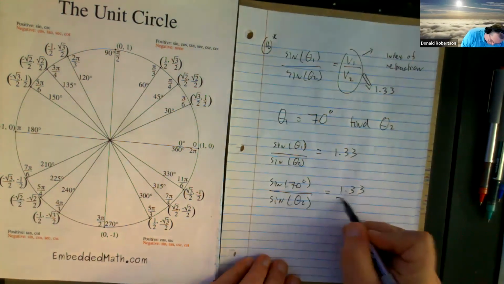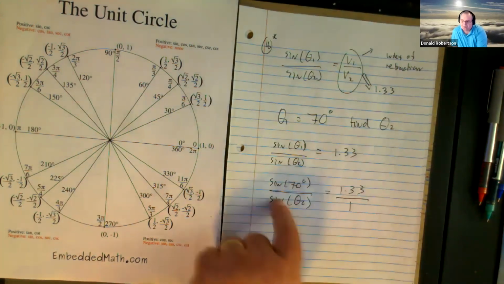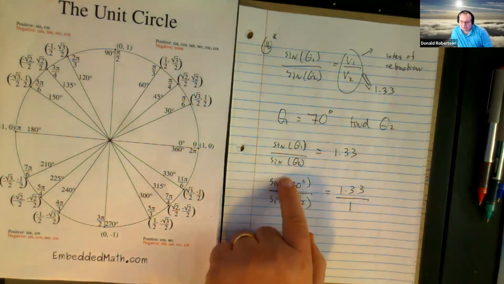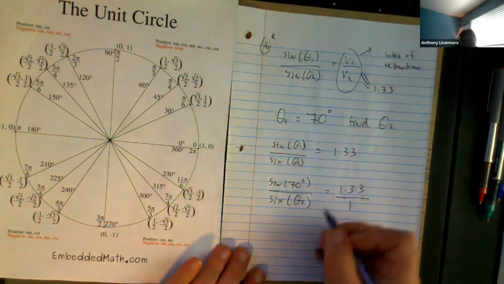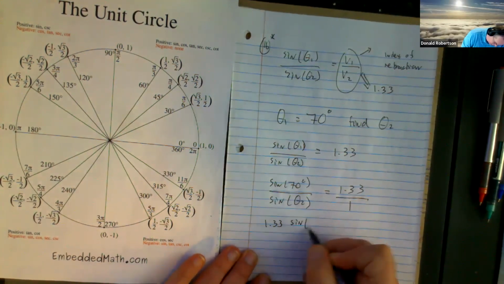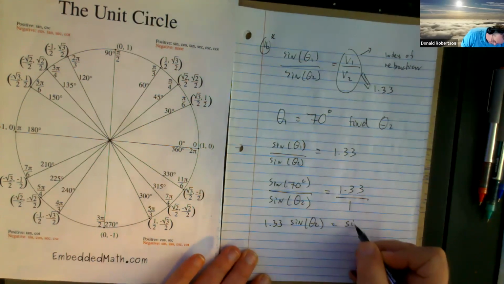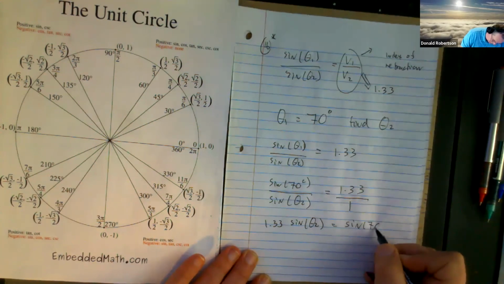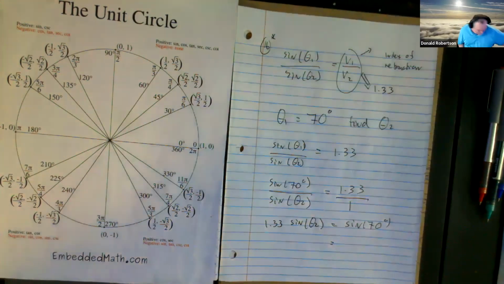Okay, here's a clue to what I'm going to do next. What am I going to do next? Cross multiply. So 1.33 times the sine of theta 2 is going to be 1 times the sine of 70, which is just the sine of 70 degrees. What am I going to do now?